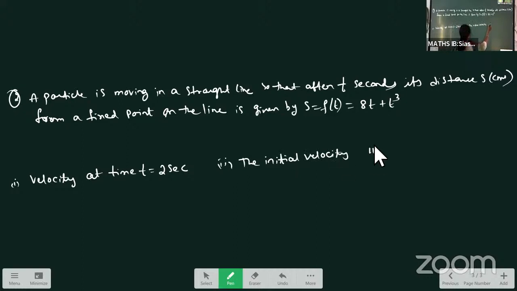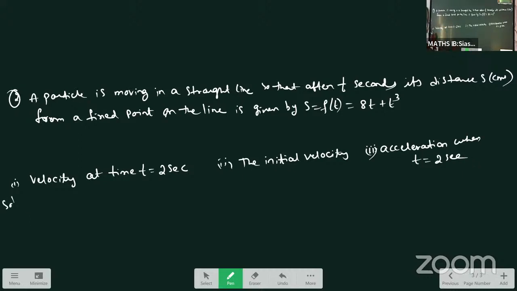Then third point, acceleration when t is equal to 2 seconds. These 3 points we have to find out by using the distance equation.